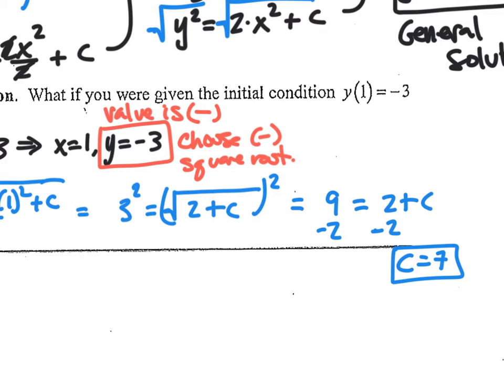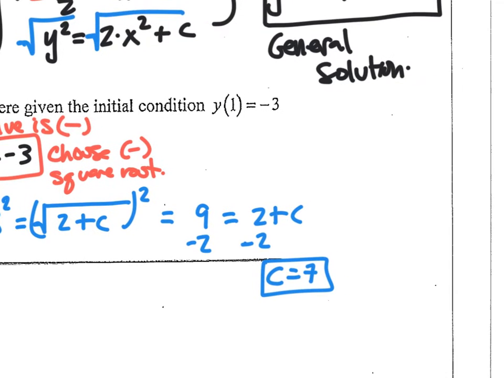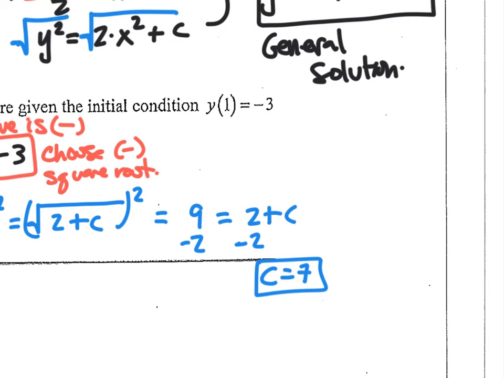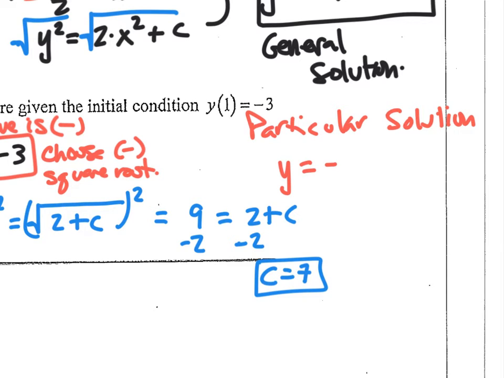Okay, so now, according to our initial condition, I'm going to write our particular solution, which is y is equal to negative square root of 2x squared plus 7, okay?